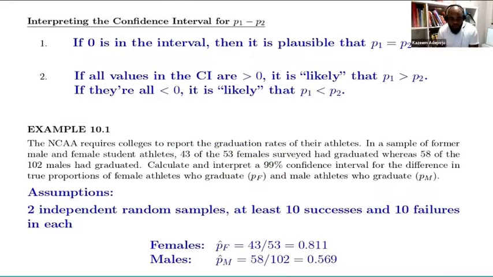Now, the very first thing you need to do is to investigate what the assumptions are. Assumption number one is that we are taking two independent random samples.